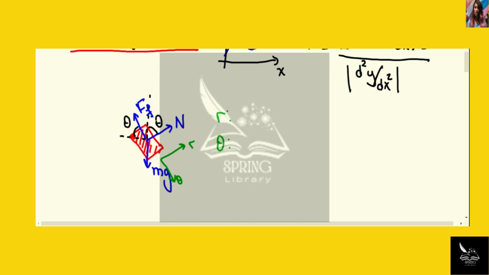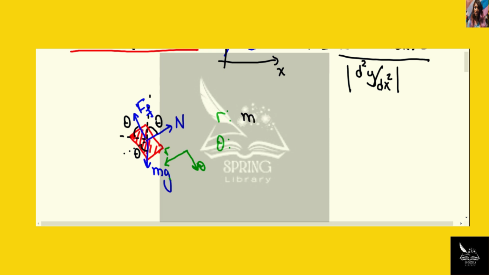So what we really need to do is to find the components of the gravitational force. Okay, so in the r direction, let me write the r direction in the opposite direction. So r must be pointing towards the center of rotation and not the opposite. Okay, so now it's correct.